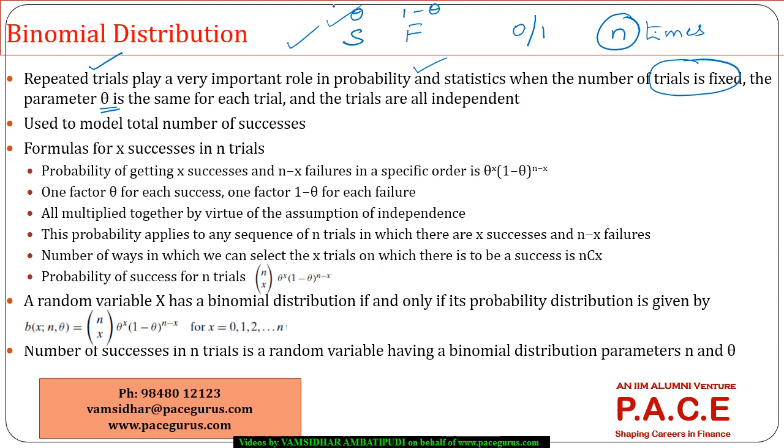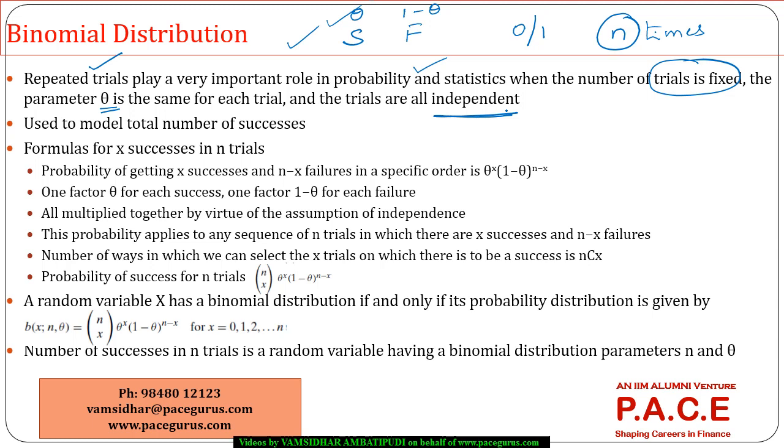All the trials are independent. Depending on the outcome of the first trial, the second trial's outcomes will not change. The second trial's outcomes are completely independent of the outcomes of the first trial, and so on. So all the trials are completely independent.